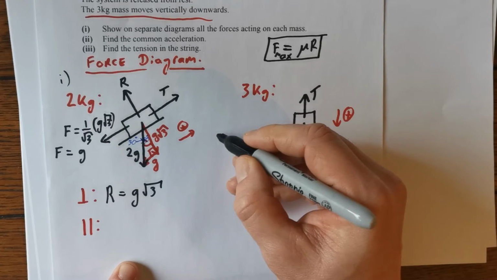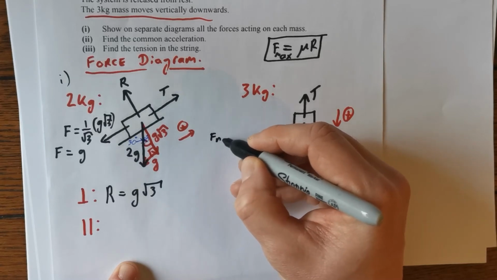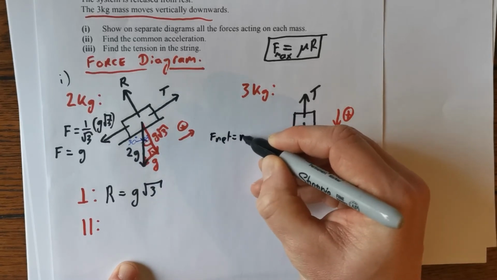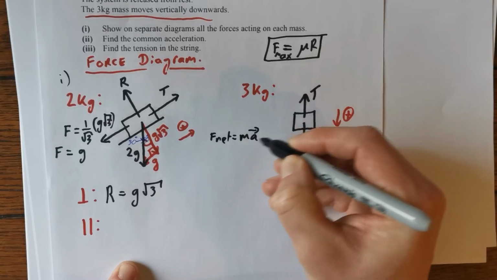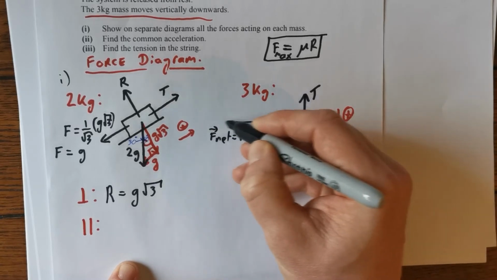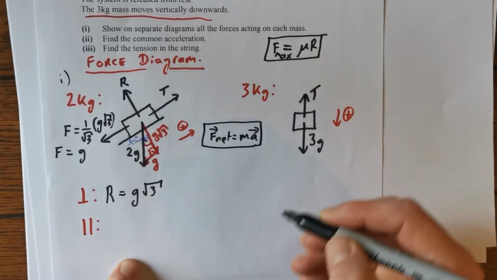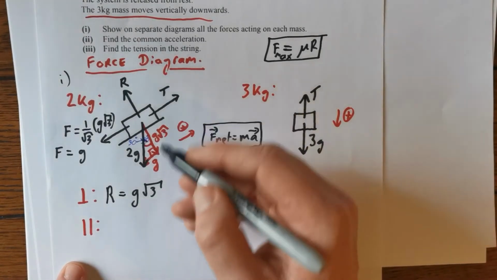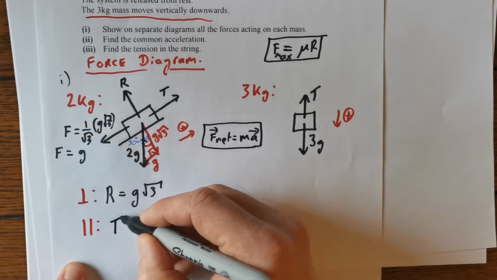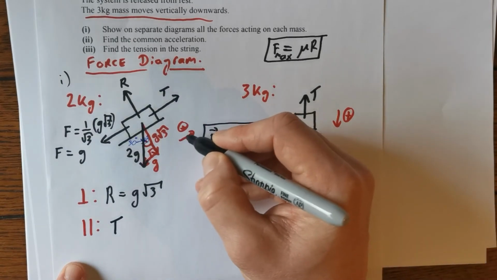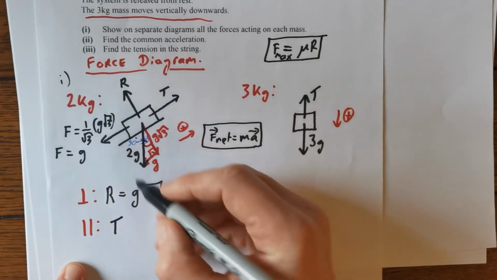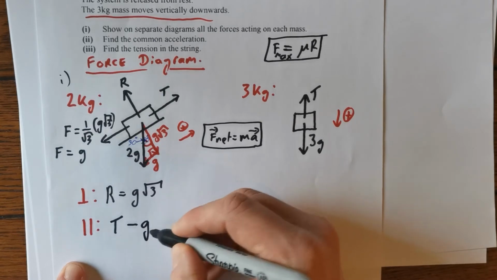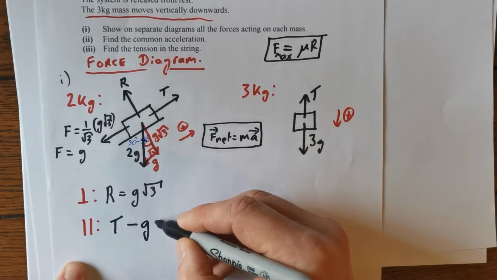So my net force, remember, we're going to be using F net equals ma. The net force is always equal to the mass of the object times acceleration. That's what we're going to be using here. So the net force, well, T is my positive force because of the direction I've chosen to be positive. And then this g is a negative force, so we're going to subtract g. And then this g will be a negative force also.